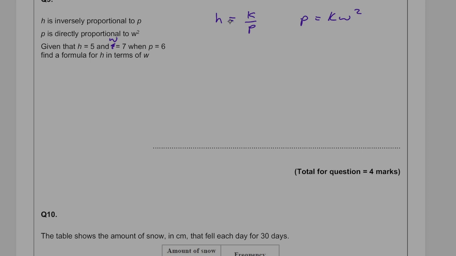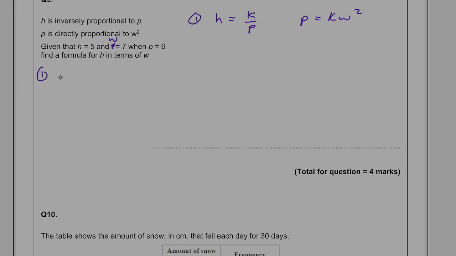Start with this formula. So we'll start with this one. That says that 5 is going to be equal to K over P. So K would be equal to, not P, sorry, 6. K would be equal to 30.